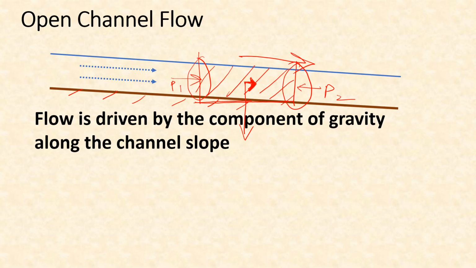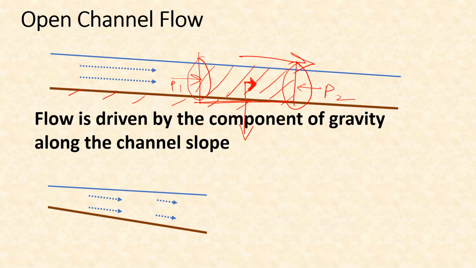This doesn't mean that pressure difference doesn't have an impact on open channel flow. If you encounter a situation where the flow depth is more in the downstream direction, that means here, and flow depth is less here, in that case here the pressure will be more and here the pressure will be less. Therefore, in this case, the pressure difference is actually giving us a net force which is acting against the flow.